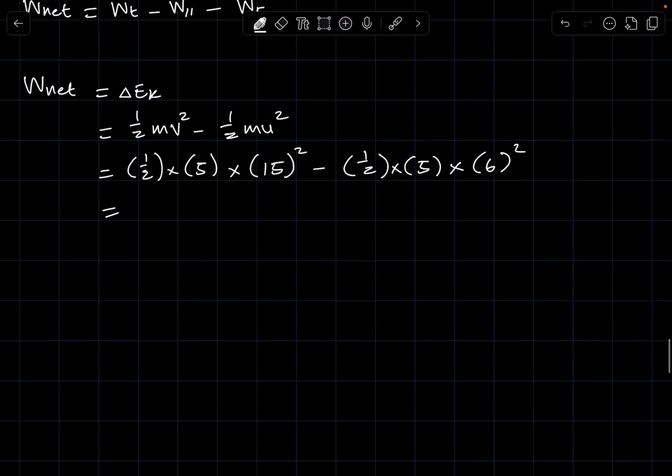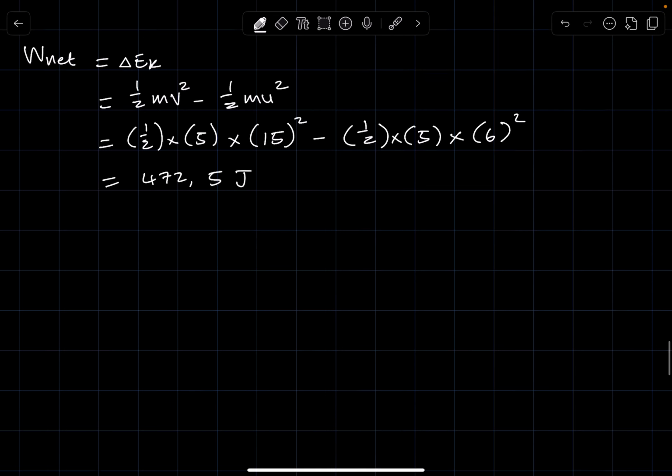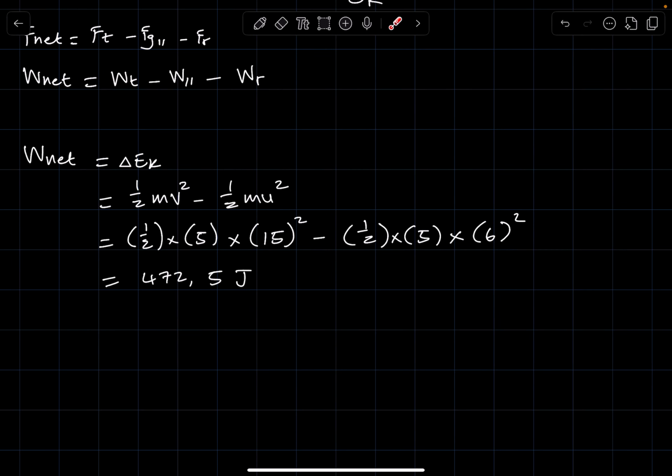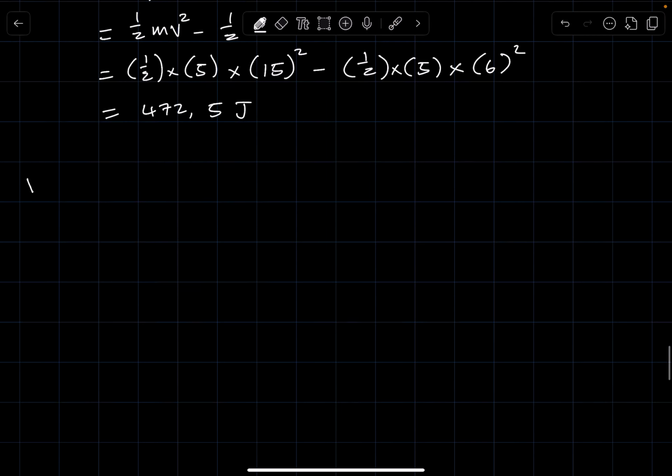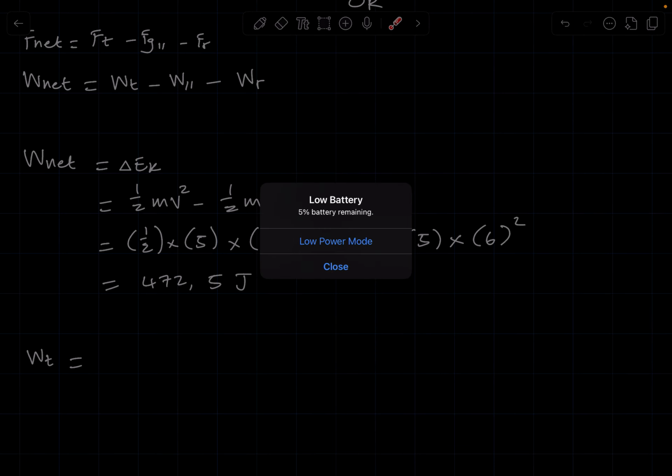And then if you punch that in your calculators, you get 472.5. This is in joules. Now you have the net work done. We also have this and we have that. So we can get WT by making WT the subject. So WT, total work done, is equal to, then you transpose these two to that side.